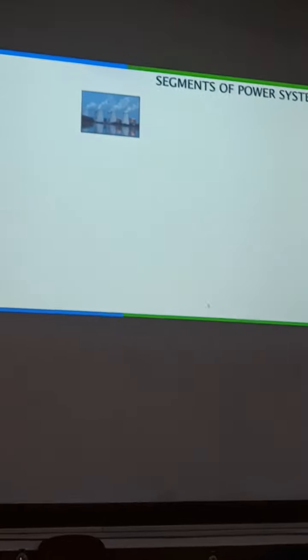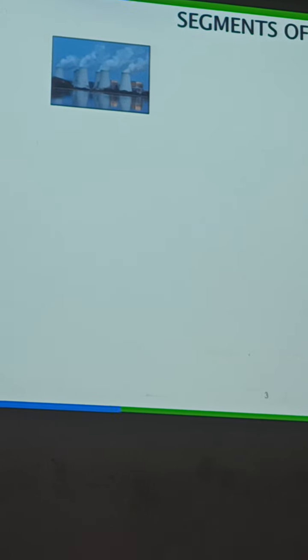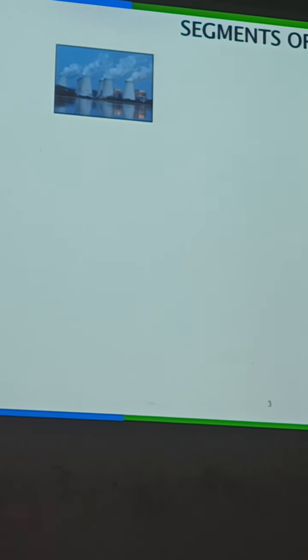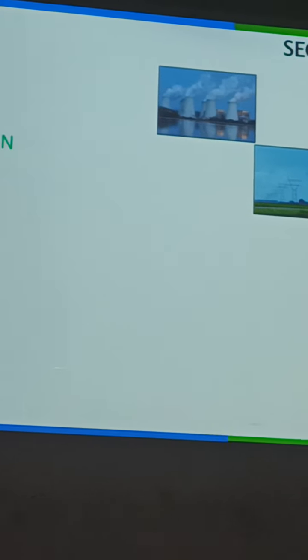Now, segments of the power system. One is generation, mostly NTPC, NHPC, NEEPCO; these are all generating companies. Another is transmission, like Power Grid in the central sector; Power Grid is the transmission utility.